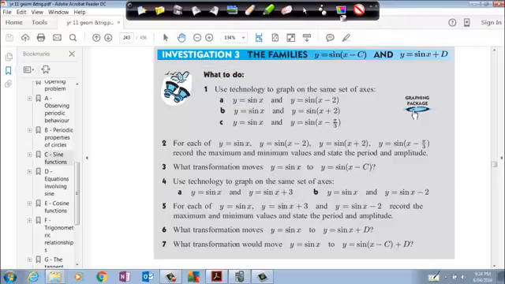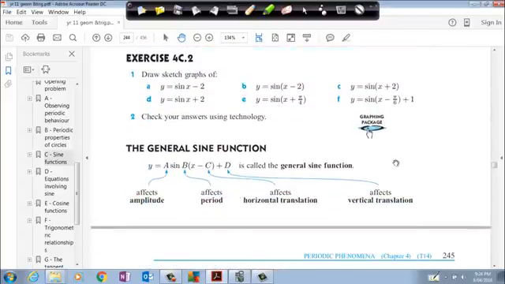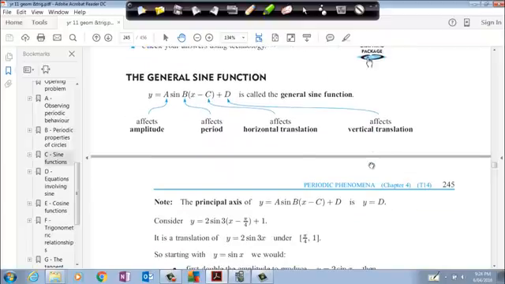Okay, we can now summarize all of this together by looking at the one big general sine function, and this is it here. So in general, we can have a number out the front, a number in front of the x, a number in a bracket, and a number sitting outside at the end.